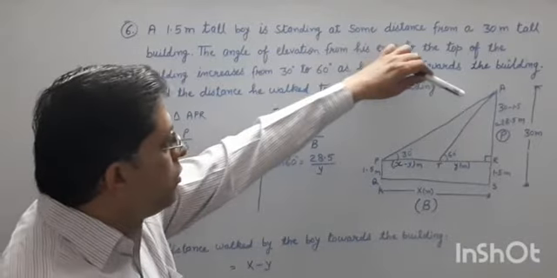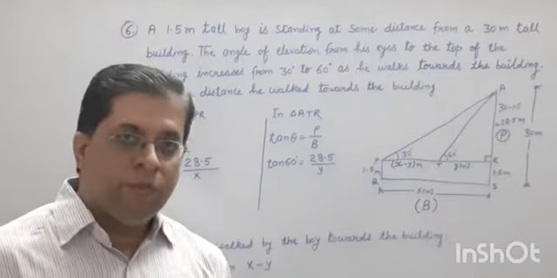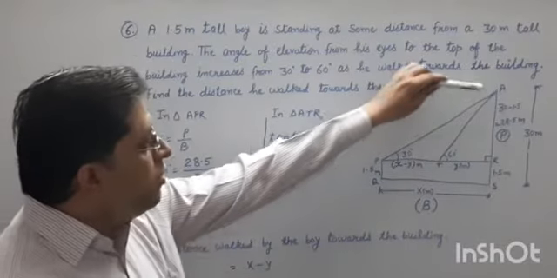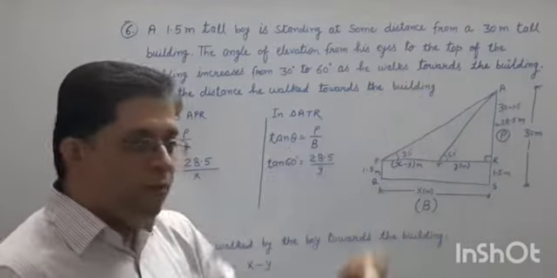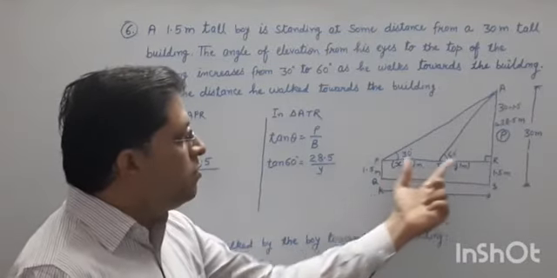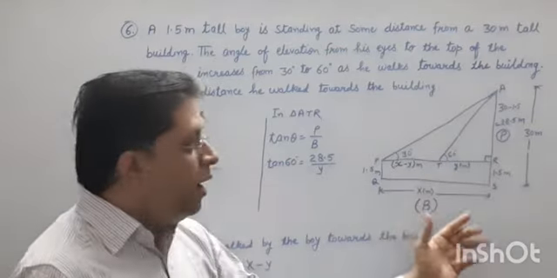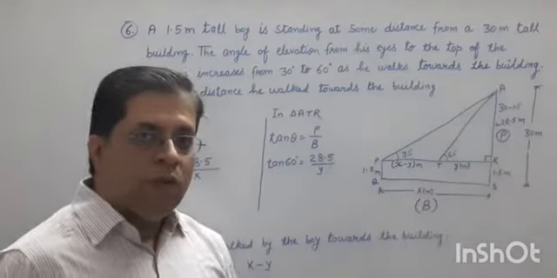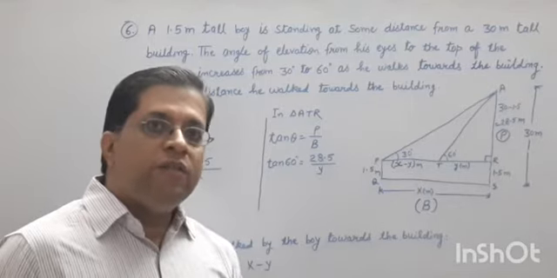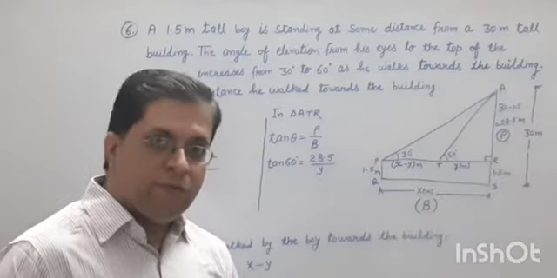Now we have two triangles. One triangle is APR. Two right triangles are there. Another right triangle is ATR. I am taking these two triangles because two angles are on this one side. This is the base and this is the perpendicular. What is the relation between perpendicular and base?